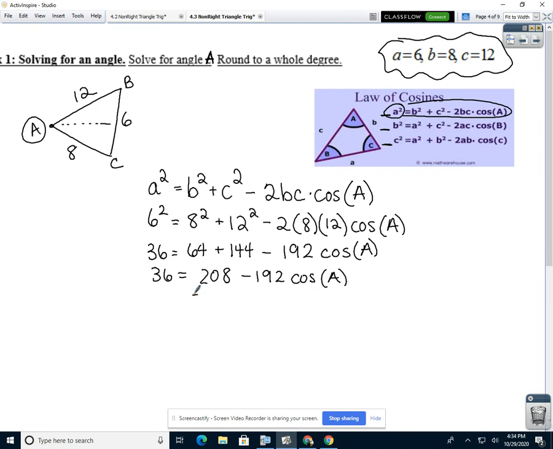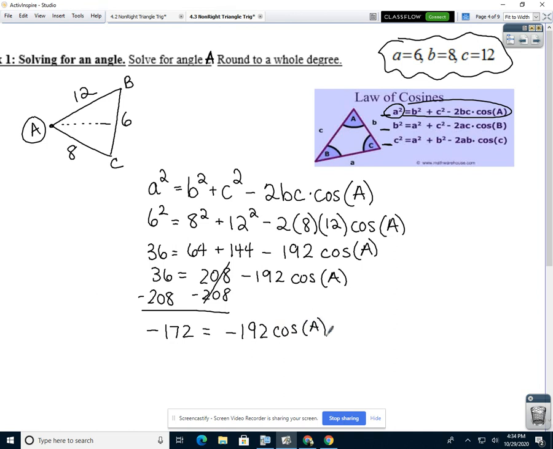I'm going to subtract 208, just like a basic equation. I guess it's not so basic because we're doing a lot of trig too, but 36 minus 208 is negative 172. And I've got negative 192 times cosine of A.